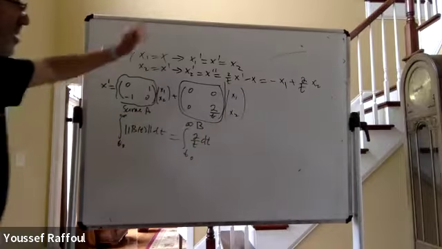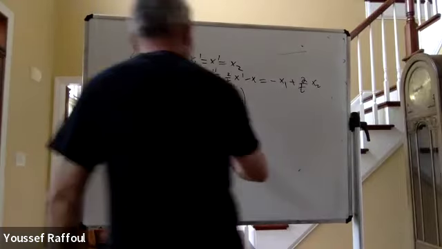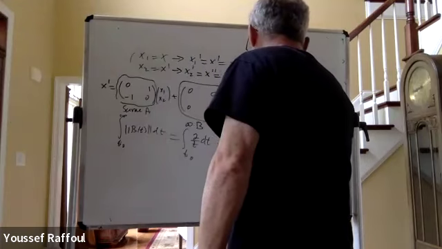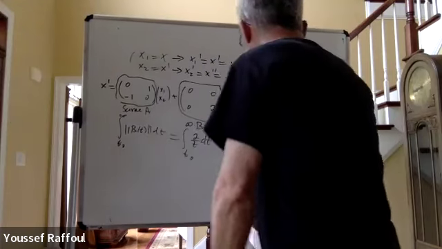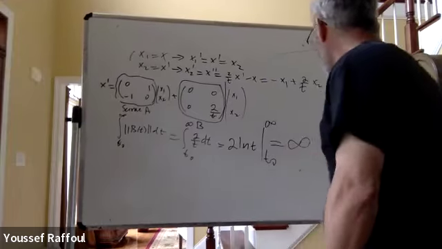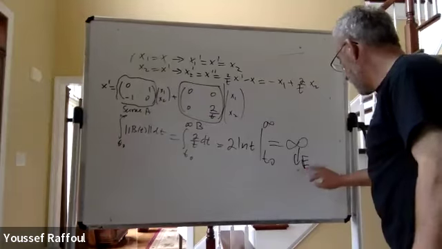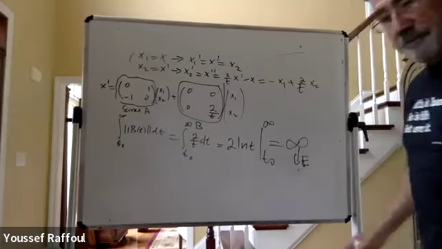Let's take the absolute value. And that is 2 ln t from T naught to infinity, and that is infinity. Remember, this is supposed to be less than or equal to E.